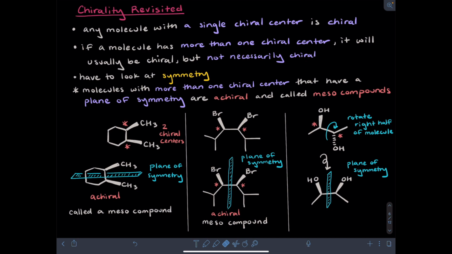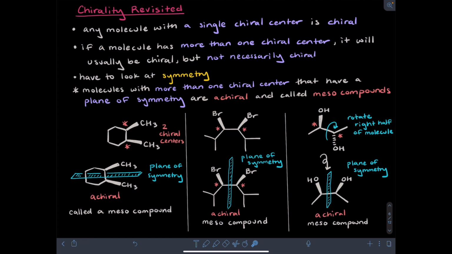In this new conformation, my molecule does contain a plane of symmetry, cutting through the middle of the molecule vertically. Because this molecule contains 2 chiral centers, and there's a conformation in which it contains a plane of symmetry, this is another achiral molecule, and we would call it a meso compound.